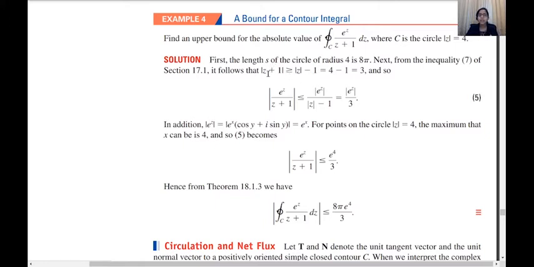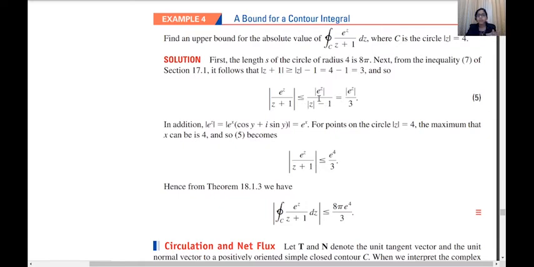So 1 by mod z plus 1 is less than or equal to 1 divided by mod z minus 1. I hope that concept is clear. So this expression is less than or equal to mod of e raised to z divided by mod z minus 1.